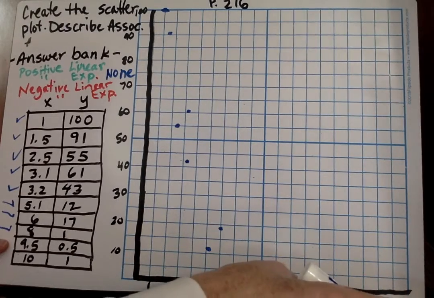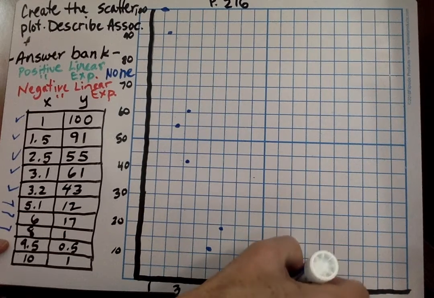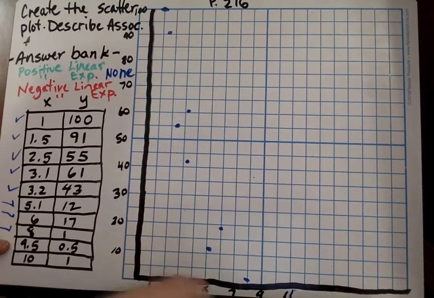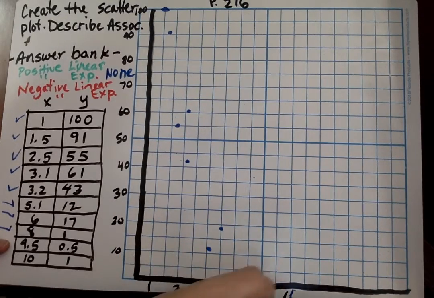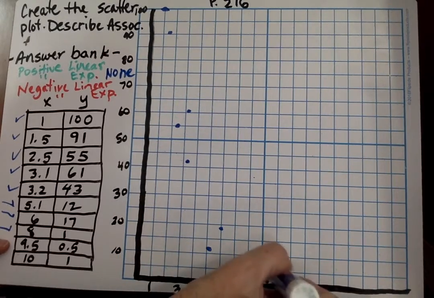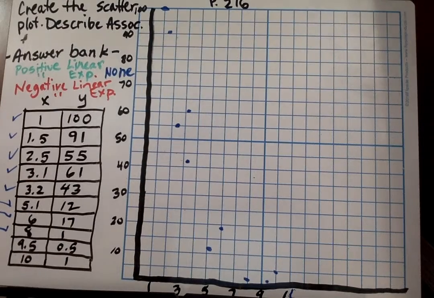Oh, that should be 11 right there. So 9.5, 0.5, and 10, 1.